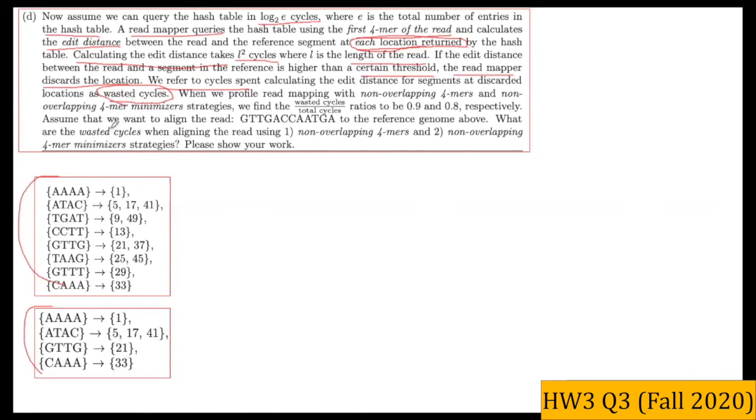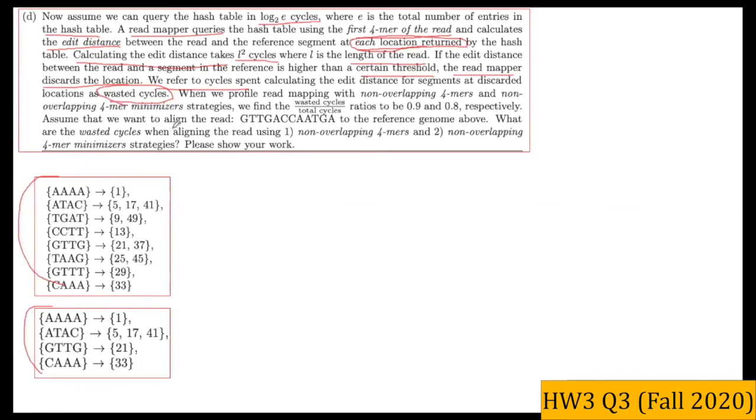Now, when we profile read mapping with non-overlapping k-mers and non-overlapping k-mer minimizer strategy, we find that wasted cycles over total cycles ratios to be 0.9 and 0.8 respectively.